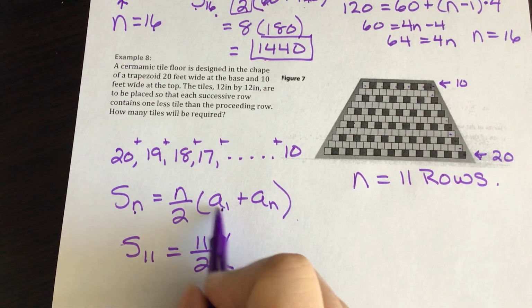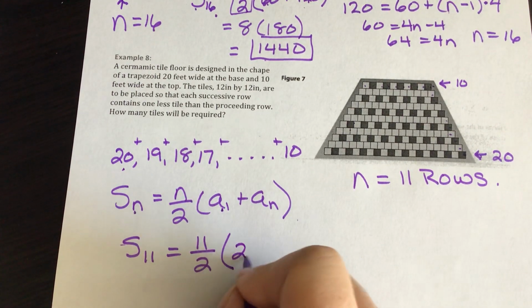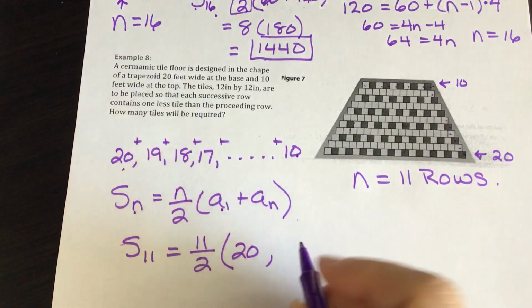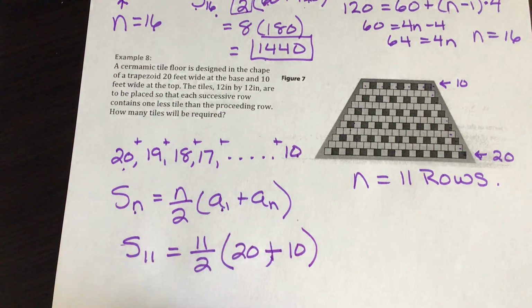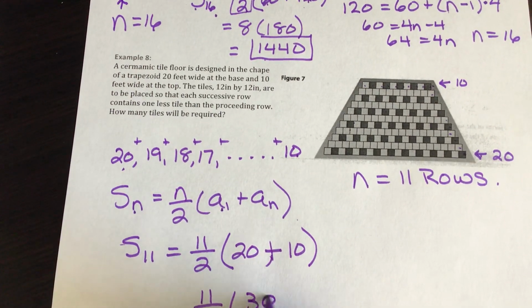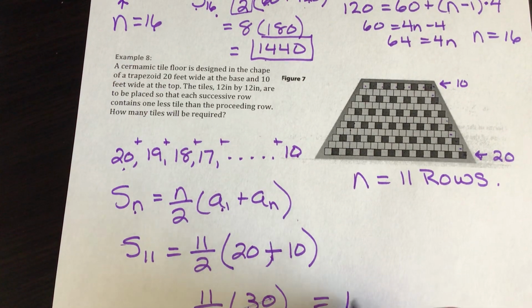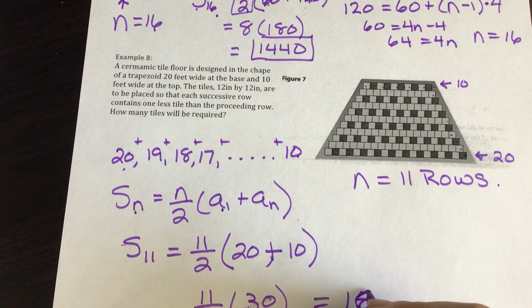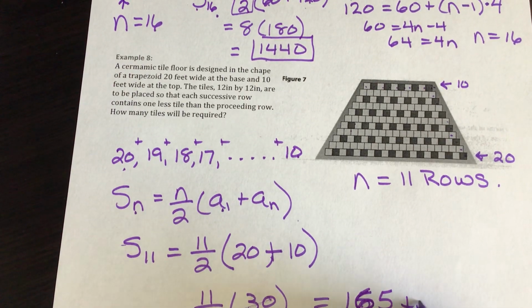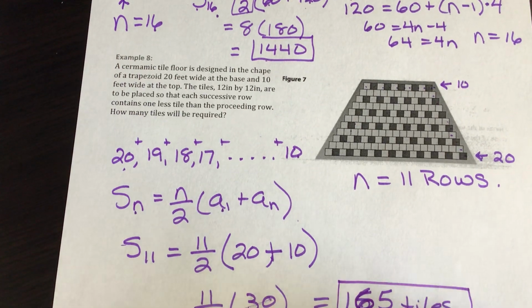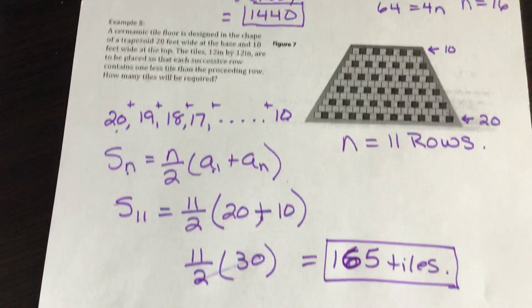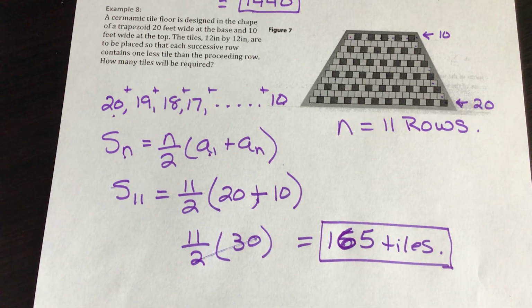The first row has 20, and the last row has 10, so that's plus 10. So this is 11 divided by 2 times 30, or 11 times 15, which is 165 tiles. All right, so that is all about arithmetic sequences and series.